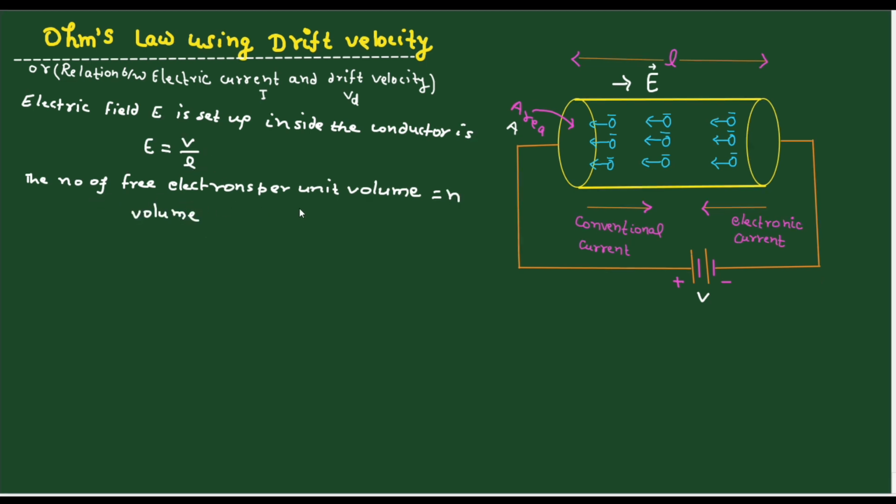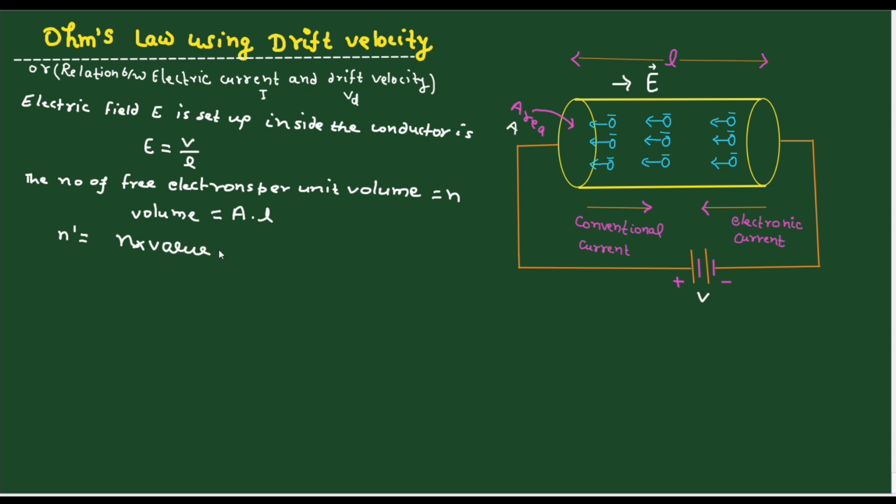Let the number of free electrons per unit volume equal N. The volume of this conductor is equal to area into length. Now the number of electrons, N dash, equals N into volume.